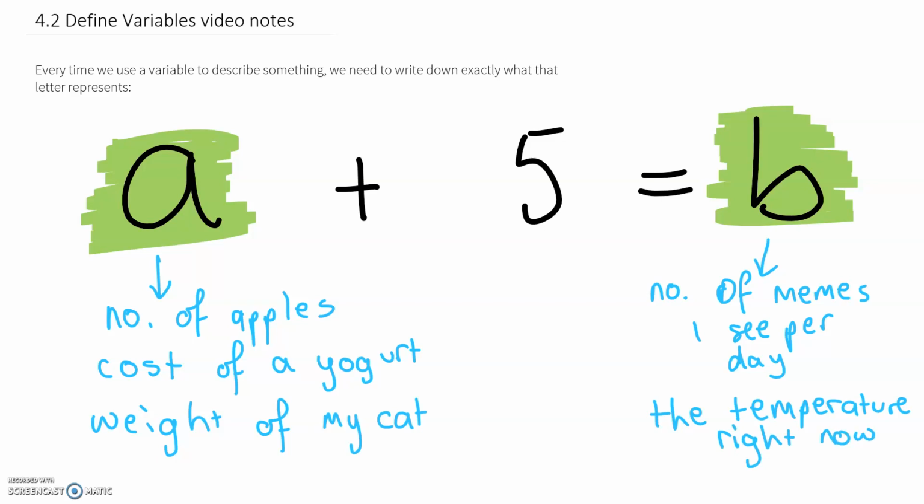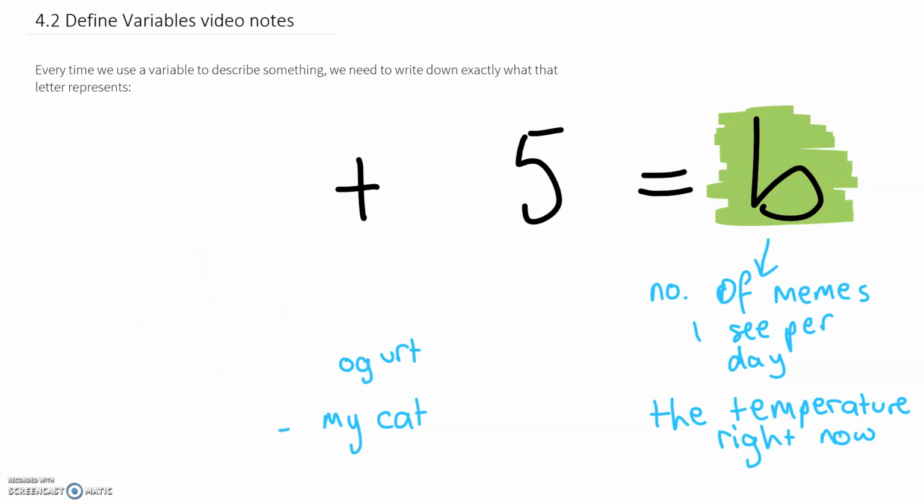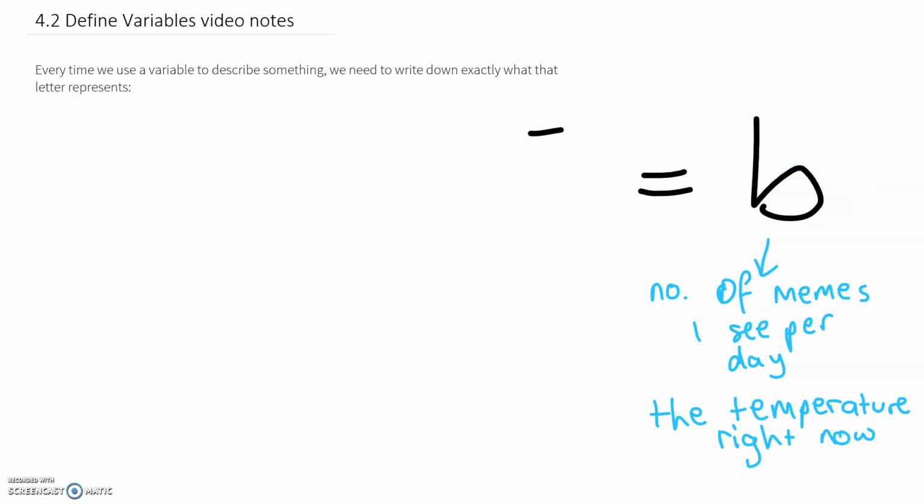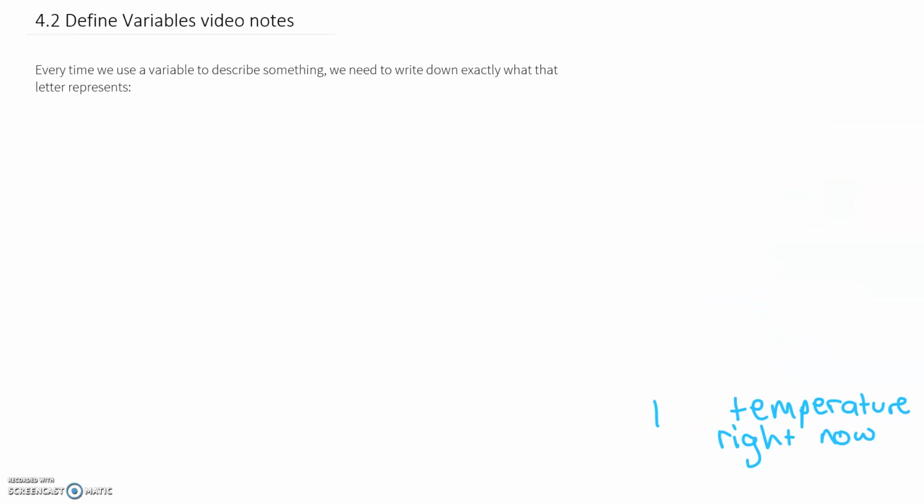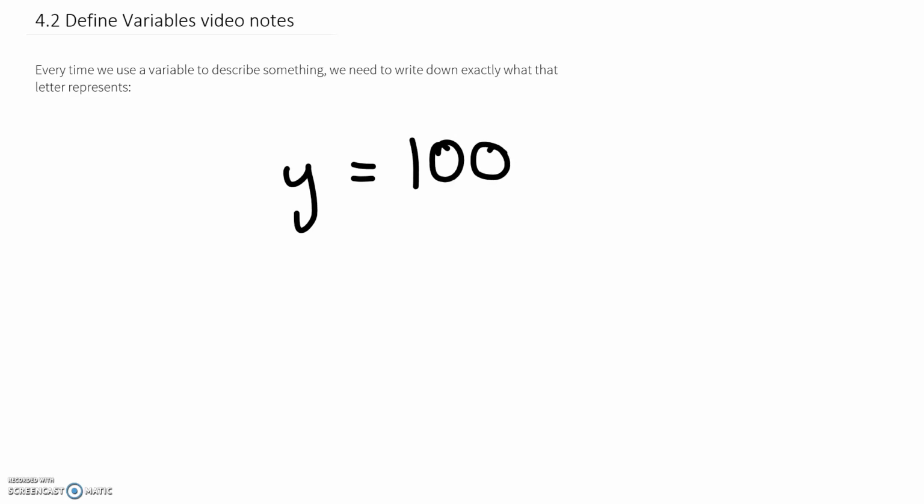So let's actually look at what defining variables looks like in detail. Say we've got an equation in a real life situation, something like this, where we've got y equals 100x. Now, the process of defining variables is the part that comes next. So this is defining variables.